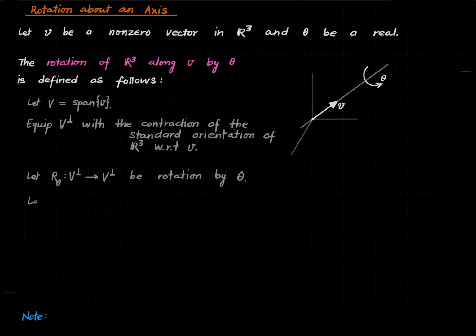let R theta comma V be a map, it will automatically be linear.